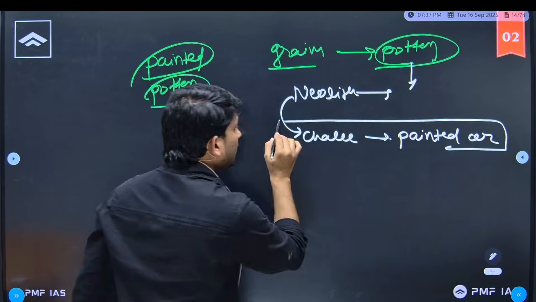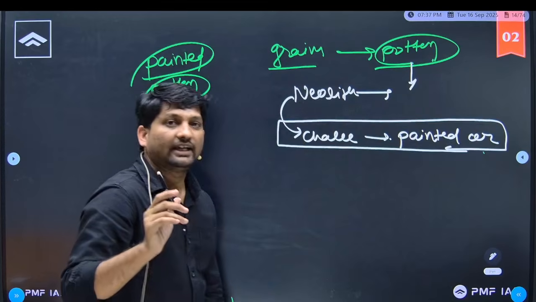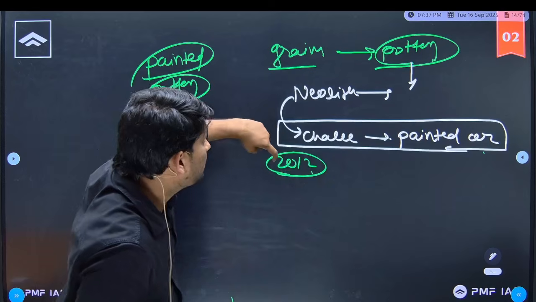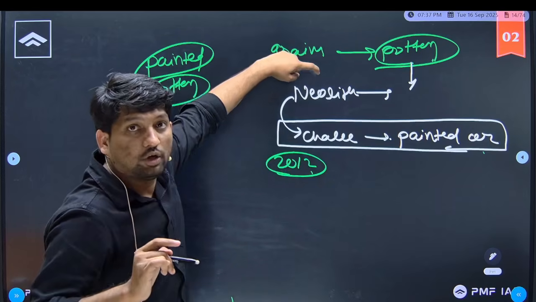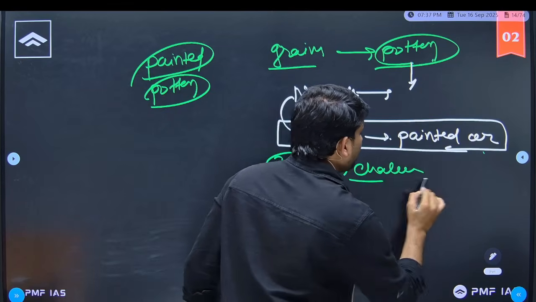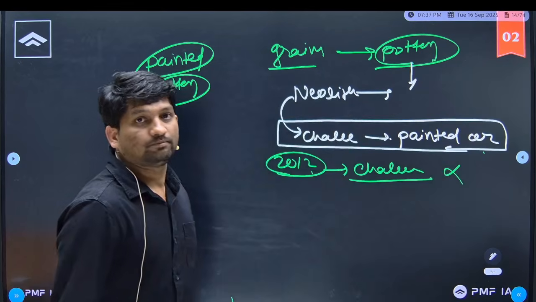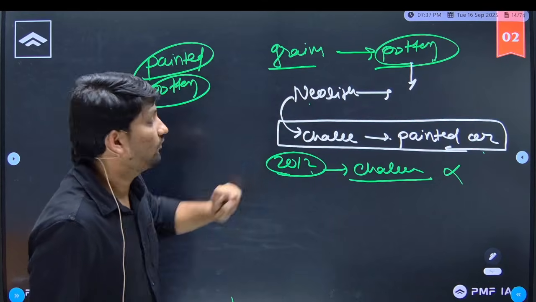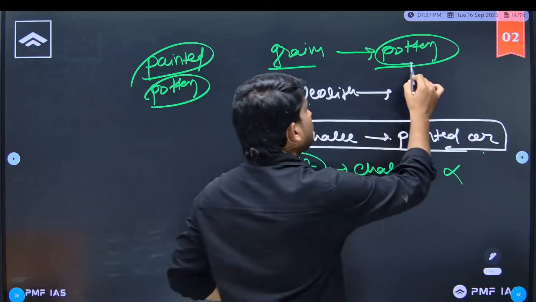This was the earlier view. Remember, in the CDS 2012, there was a question on when people first started painted pottery, and UPSC gave the answer as Chalcolithic culture, but this is no longer valid. Now we have found many sites where in the Neolithic phase itself, people had started using painted pottery.